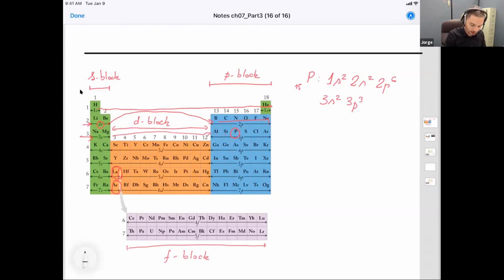And then, as you can see here, the valence shell is the shell number 3, and we have 5 electrons in the valence shell, and that has to match with the group that phosphorus belongs to. And that's another way to get the electron configuration.